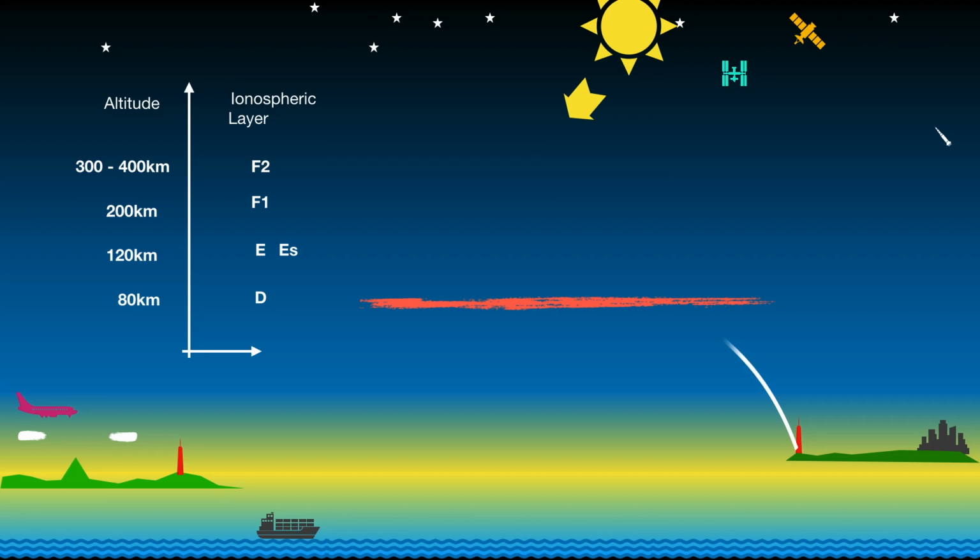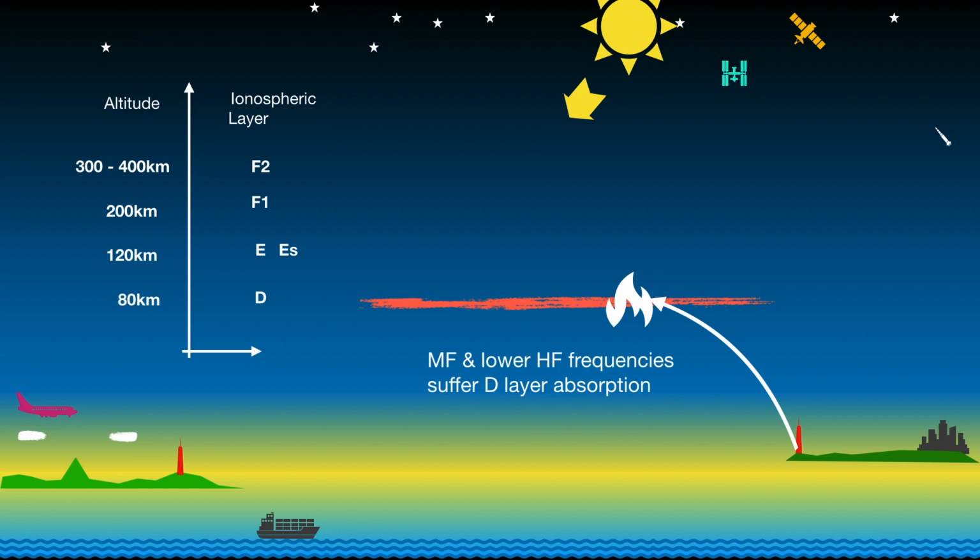When this happens, signals coming up at MF and in the low HF bands will be dissipated or attenuated to the point of extinction in the D layer. We call this D layer absorption. So we can say that medium frequency and lower HF frequencies suffer D layer absorption.